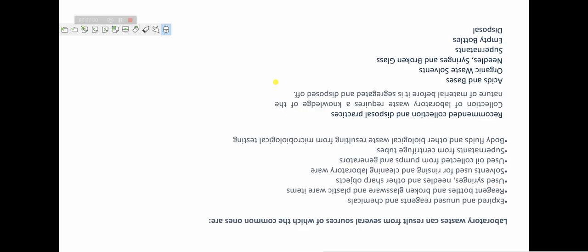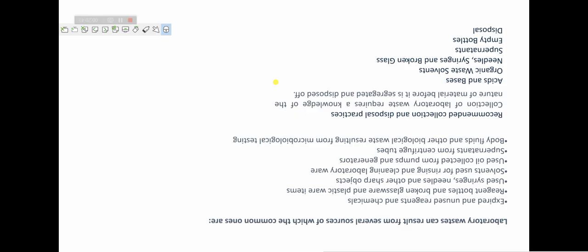So there are some practices when we are collecting our waste, so it requires knowledge, right? Like the nature of the material before we are segregating it. So we should always know the nature of the material before segregating, otherwise we can mix it, right?